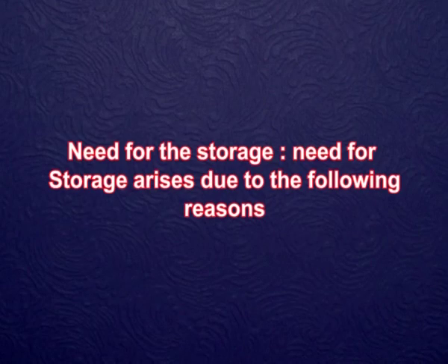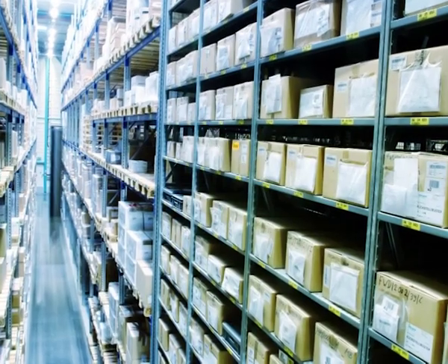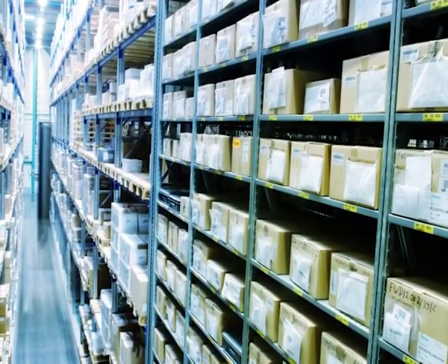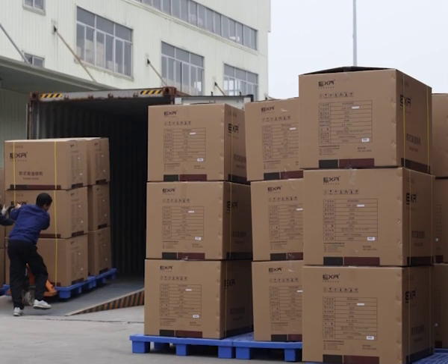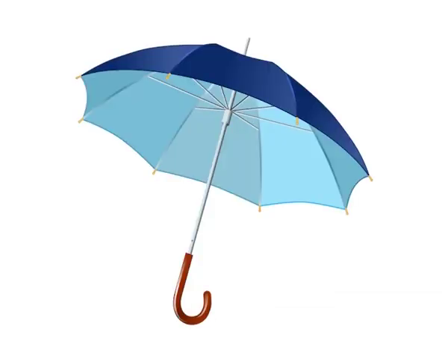Need for the storage. Need for storage arises due to following reasons. First, goods are produced in anticipation of demand and must be stored until they are sold. Second, some goods are produced regularly but consumed only during particular season. Example, wool, raincoat and umbrella.